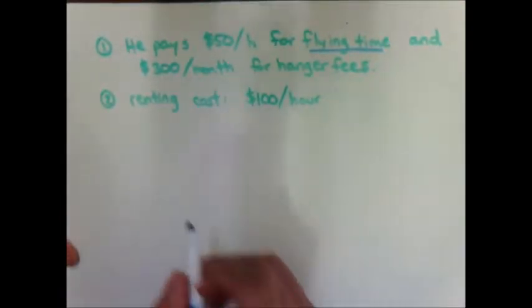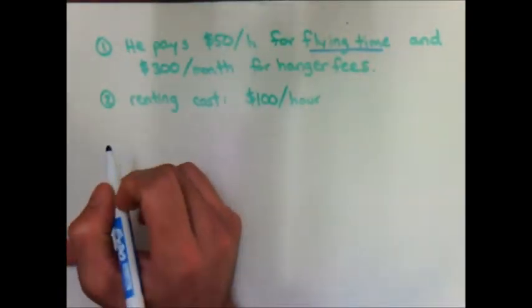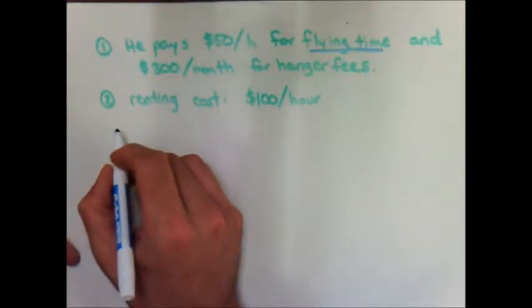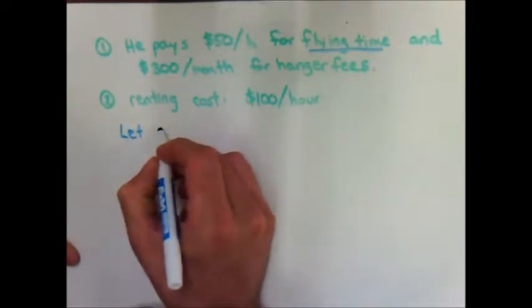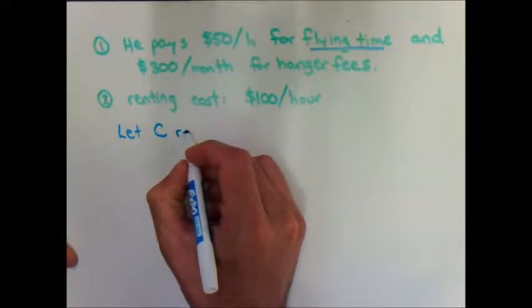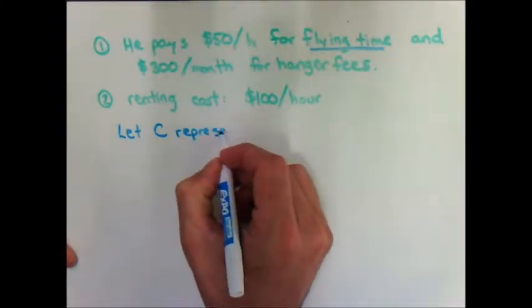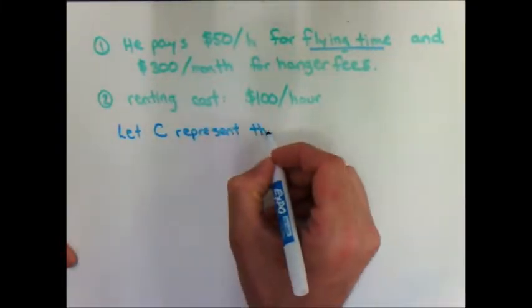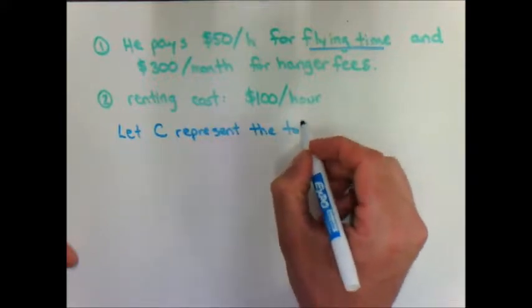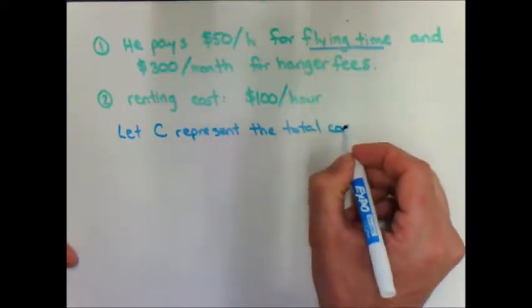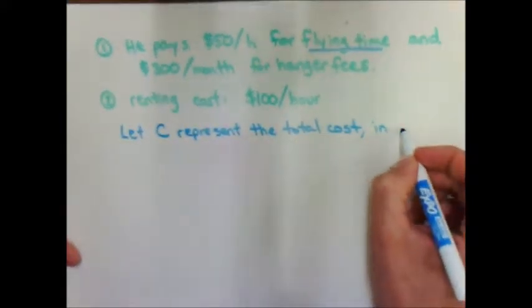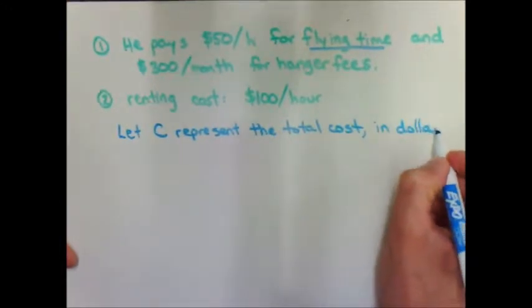So we're going to choose variables for our unknowns. Since one of the unknowns is cost, we are going to let C, capital C, represent the total cost. And we have to mention that that is in dollars.